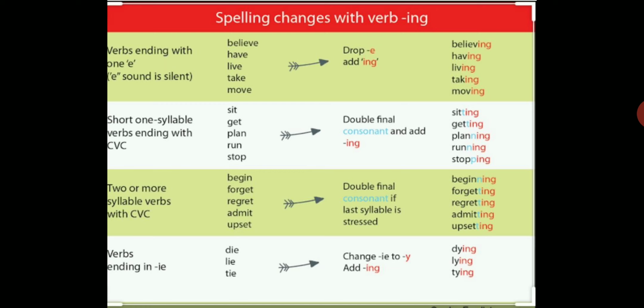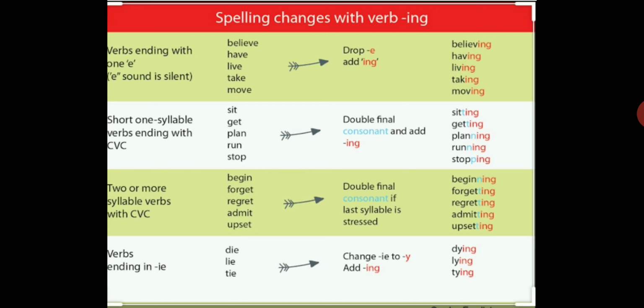Instead of ie, we add y and then add ing to make it a verb with ing form. For example, die will be dying. Lie will be lying. Tie will be tying.